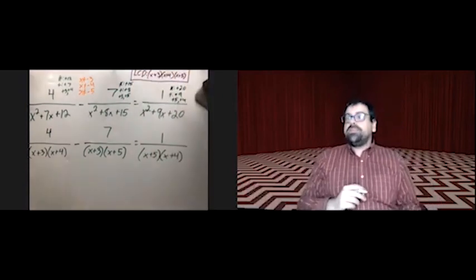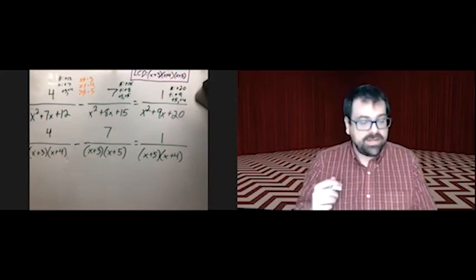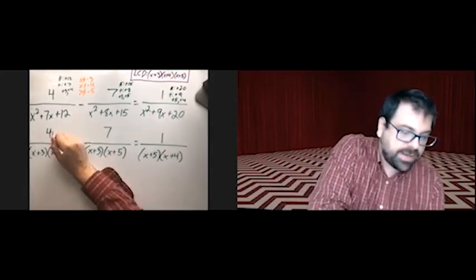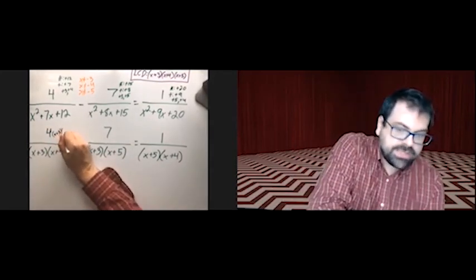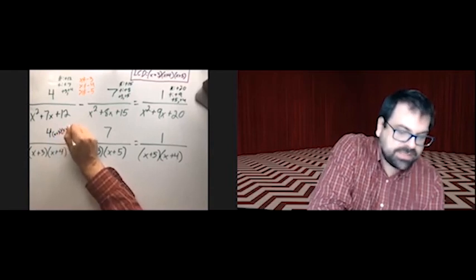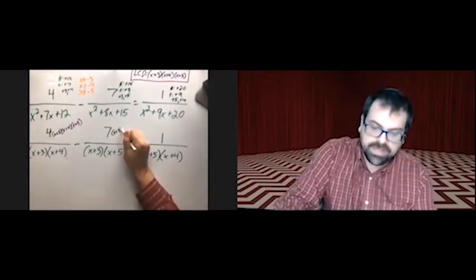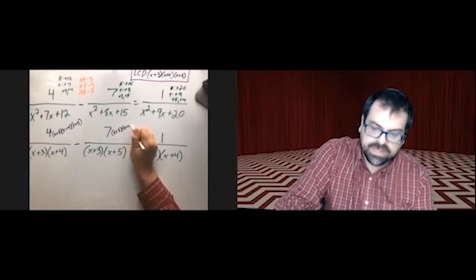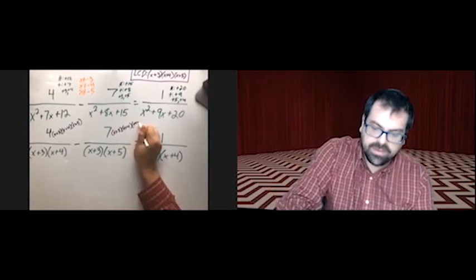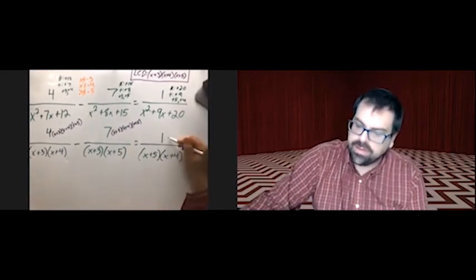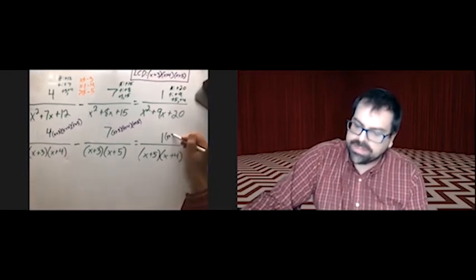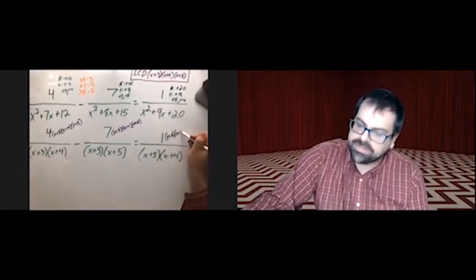What do we do with the LCD when we find it? Put it in the top everywhere. x plus 3, x plus 4, x plus 5.